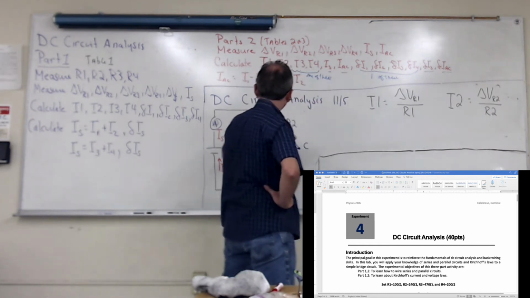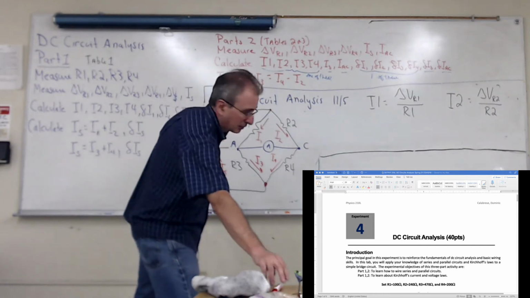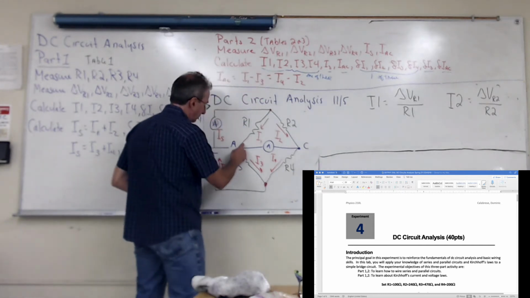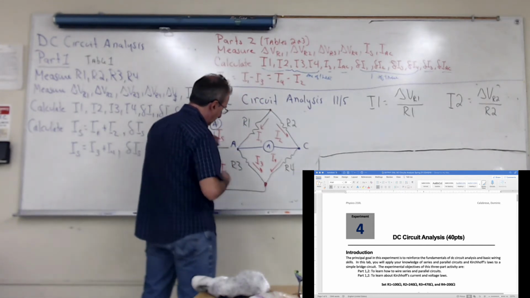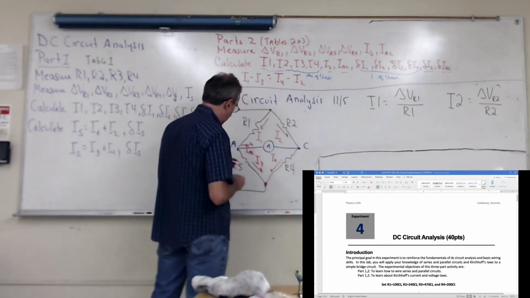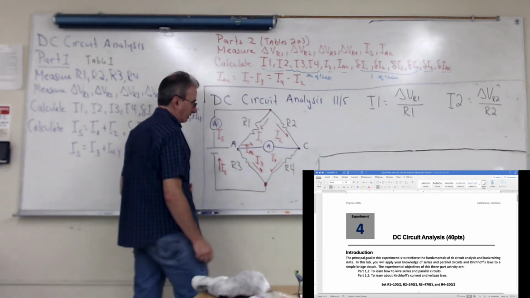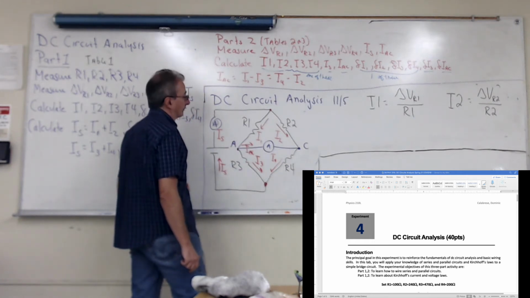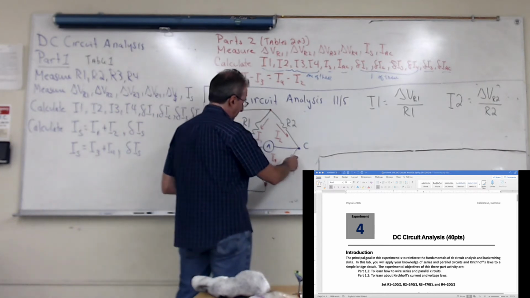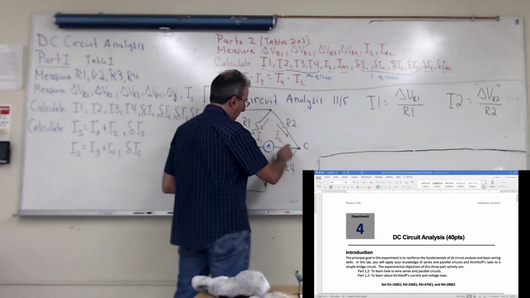Now, I sub AC, let's think about it. You have current I1 here, current I3 here, and then this is the current I sub AC. So this current is going to be I1 minus I3. And over here, this current is going to be I4 minus I2.